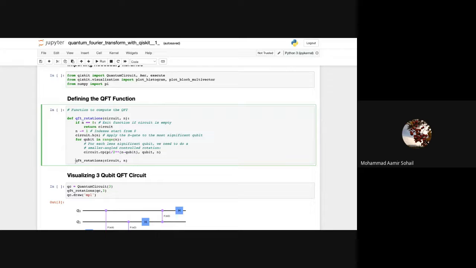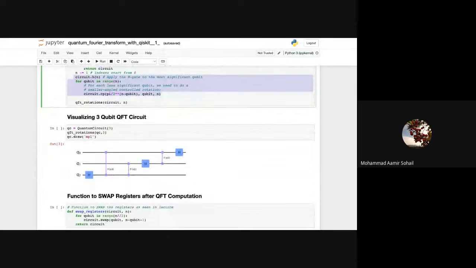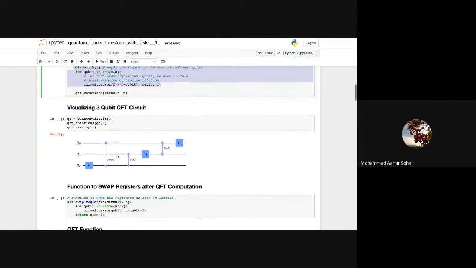After this, we have the other QFT rotations circuit. This one has the two main parts: we add the Hadamard, and then we add the controlled rotation. We also saw the example for the 3-qubit QFT circuit. What we derived is we applied the Hadamard on the third one, and then we applied a controlled phase with the angle pi by 2, and then a controlled rotation with the angle pi by 4.